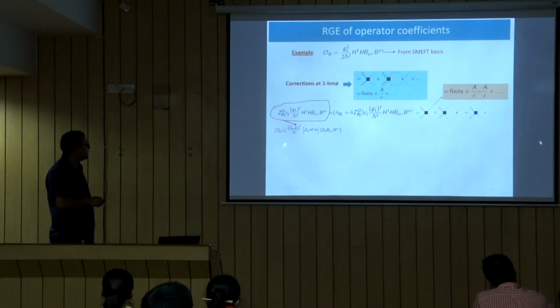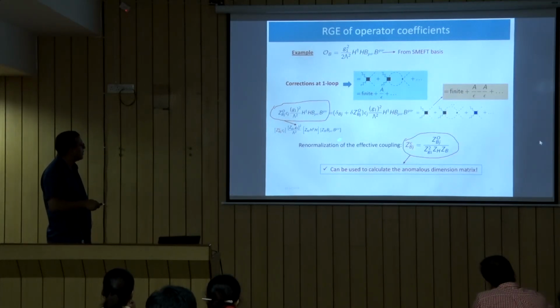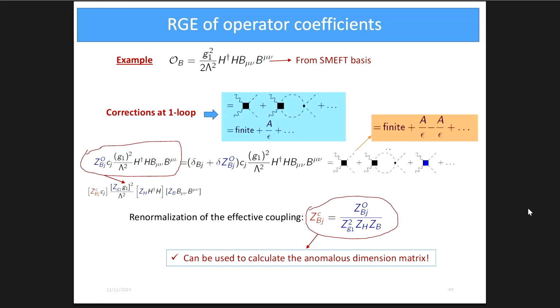So you introduce all these things, and finally the renormalized effective coefficient you get is basically this quantity, taking into account all the wave function renormalizations. And this you can utilize to calculate the final anomalous dimension matrix.